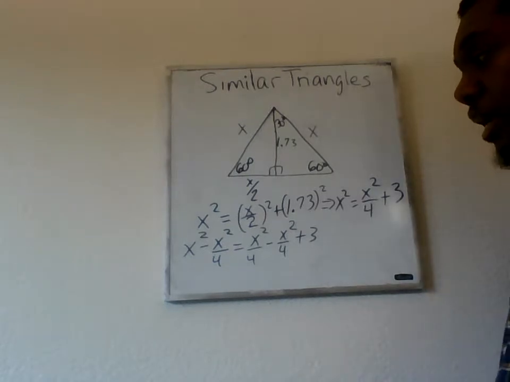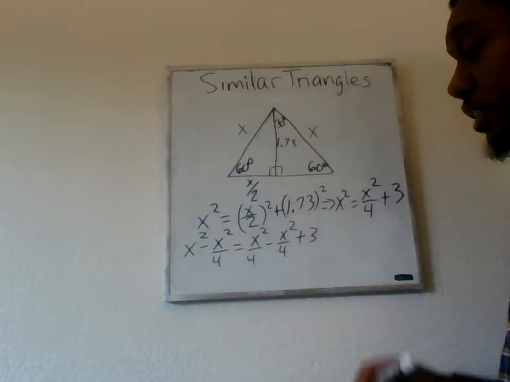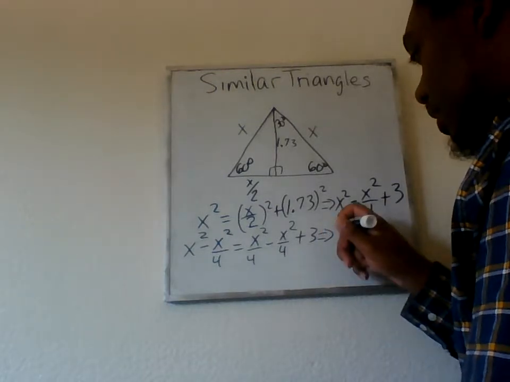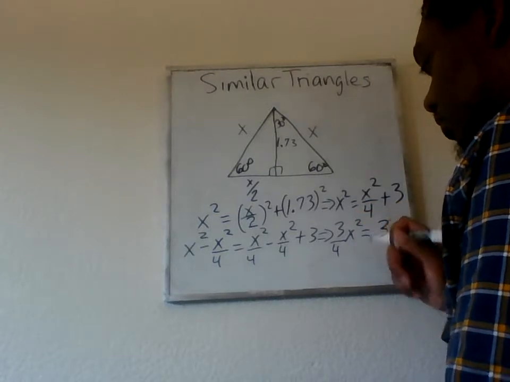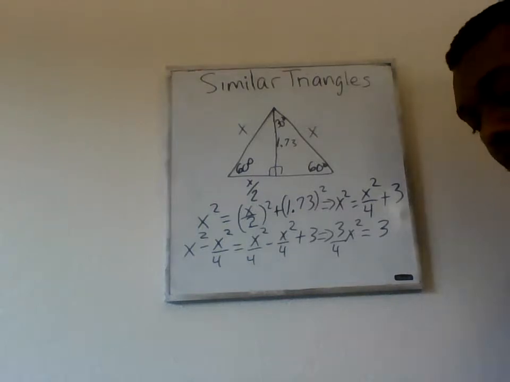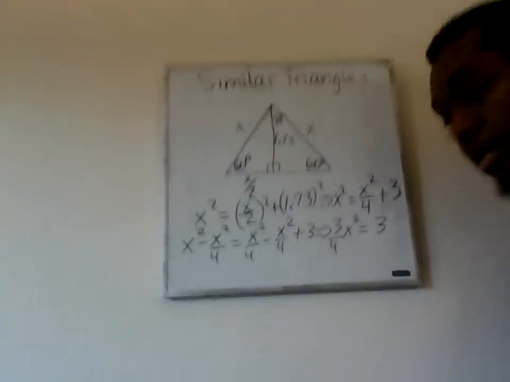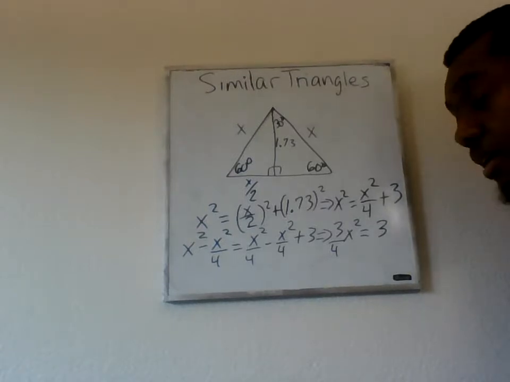Okay? And now I can simplify this because this is 1x squared minus a quarter of an x squared, which implies I get 3/4 of x squared equals 3. All right. So we have 3 times x squared divided by 4 equals 3.